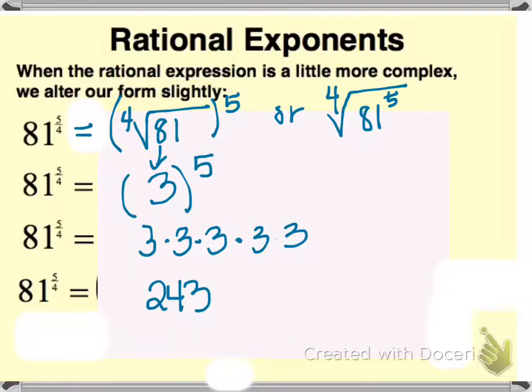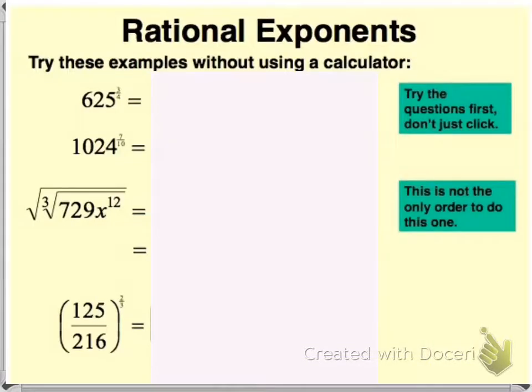Or if, let's say, the radicand was a variable, we wouldn't be able to actually take the root of it. So let's try a couple more real quick. So 625 to the 3/4 power really means the 4th root of 625 raised to the 3rd power, or the other way around.